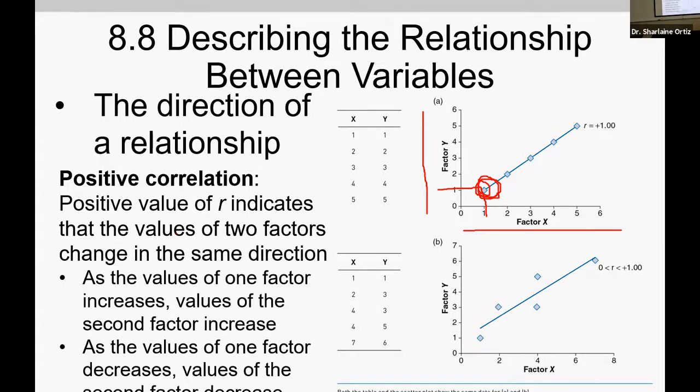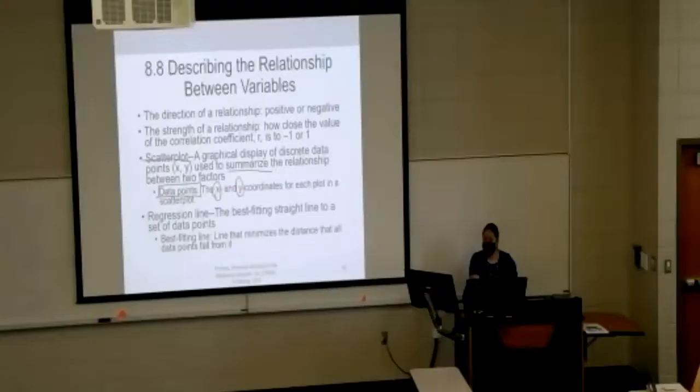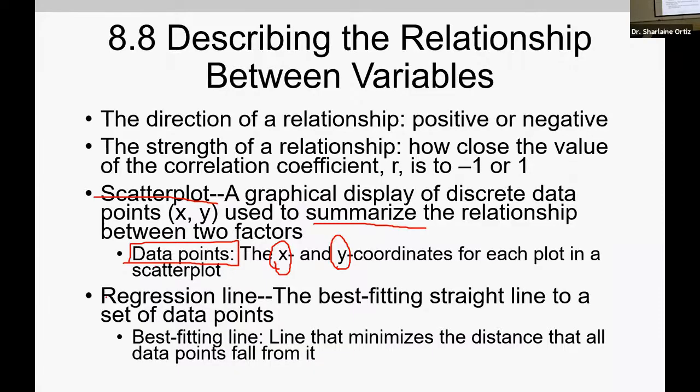Any questions so far of what the X, Y factors are? Okay, that little coordinate, that data point. Now, in keeping with our slides, as I mentioned, we have a regression line, right? And that is the line that best predicts. It's the best fitting straight line.